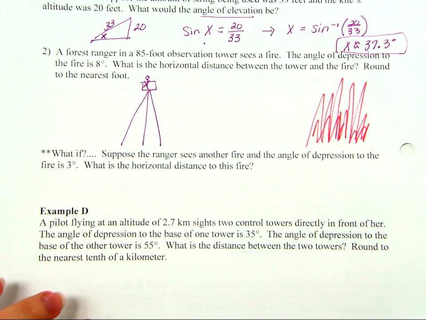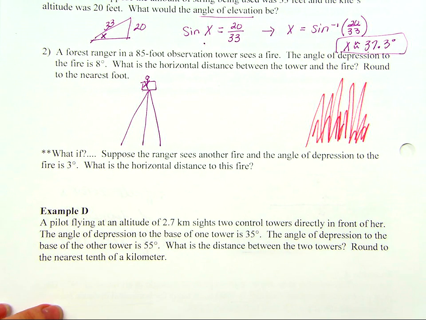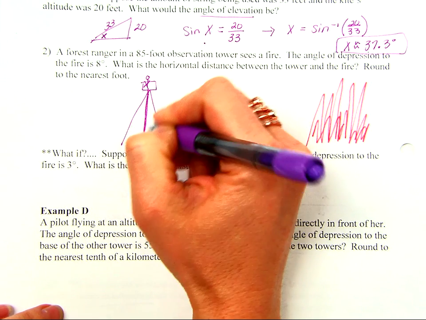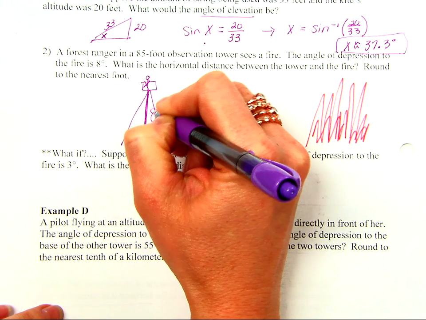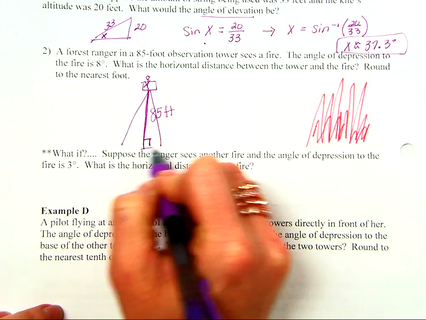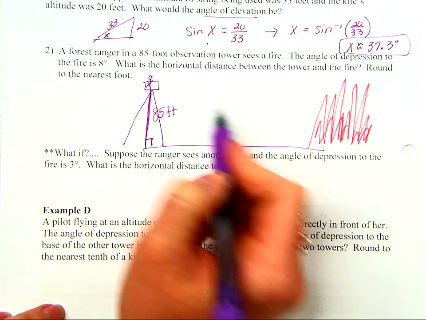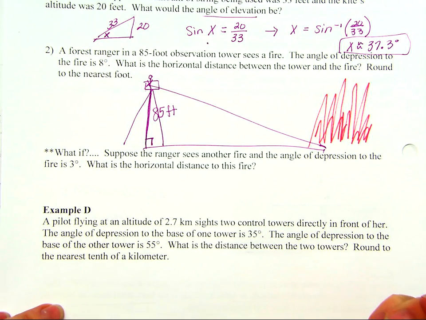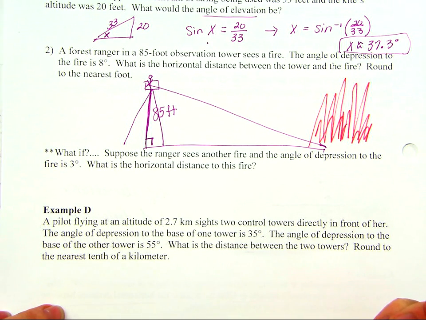And it says the angle of depression to the fire is 8 degrees. Okay, well, first of all, my tower is 85 feet, so 85 feet above the ground. Seeing the fire is an angle of depression at 8 degrees.